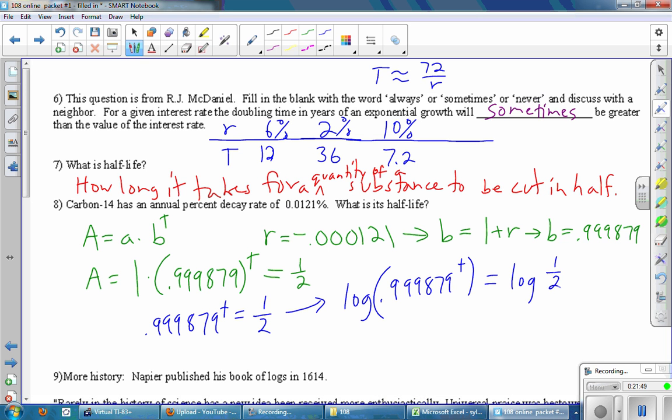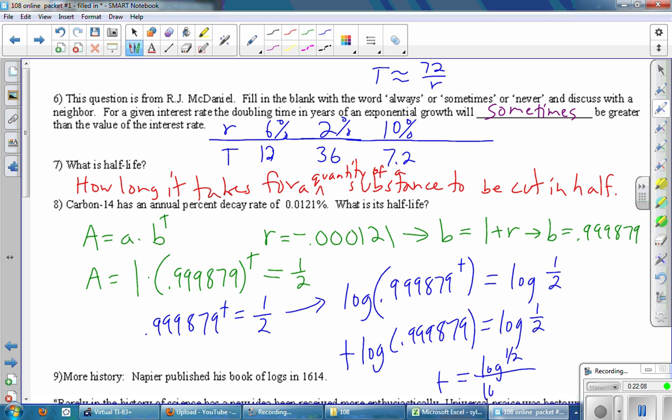And then we get to take that power and move it down to the front, making it accessible. And then finally divide both sides by log of that 0.9 number. So we get our answer: log half, divided by log 0.999879. And we can type that into the calculator.